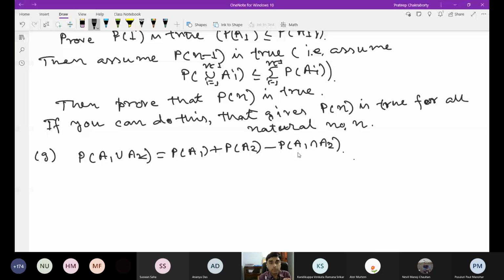What can you say when the number of events is n? Any guess? When the number of events is n, what can you give such type of equality? That is the question. Yes, sir.